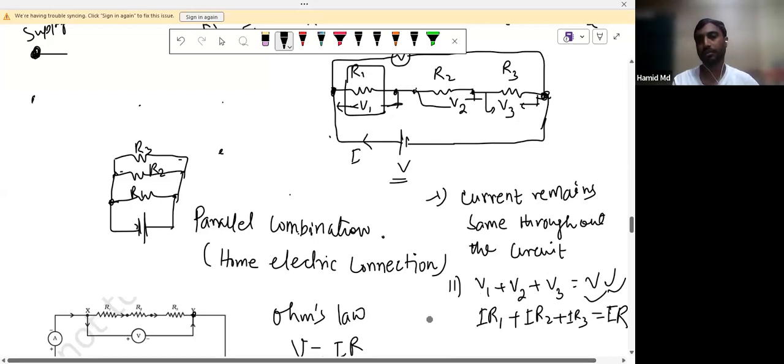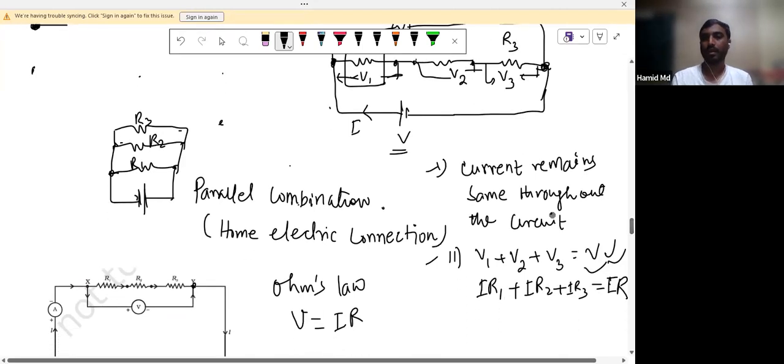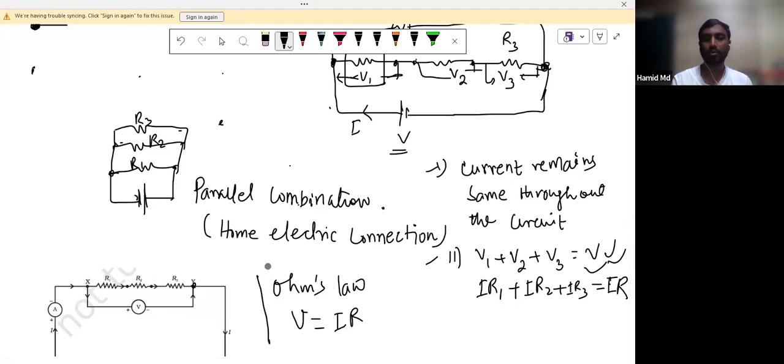First write this statement, then write this statement, then we will move further. After this line, you have to write it according to Ohm's law.